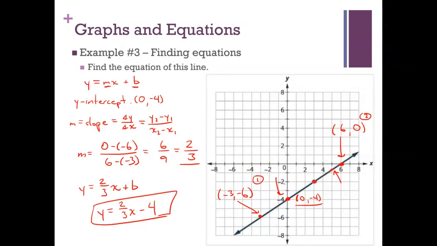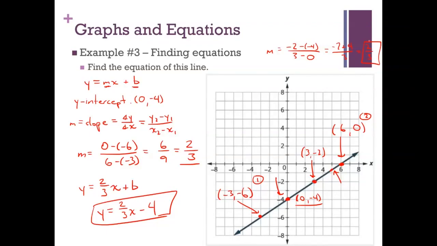We already labeled that one 0, -4. Where's this one? 3, -2. If I use those 2 points to find the slope, what should I get? -2 minus -4 over 3 minus 0. So -2 plus 4 over 3, 2/3.